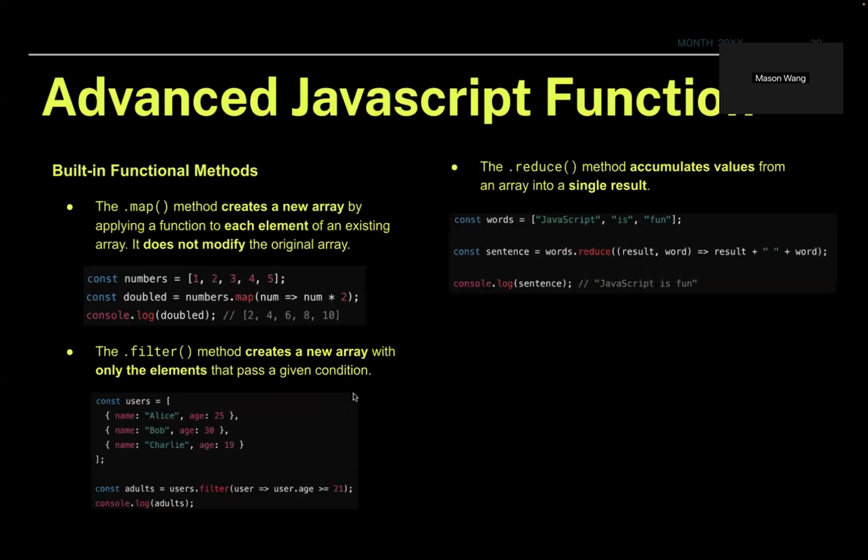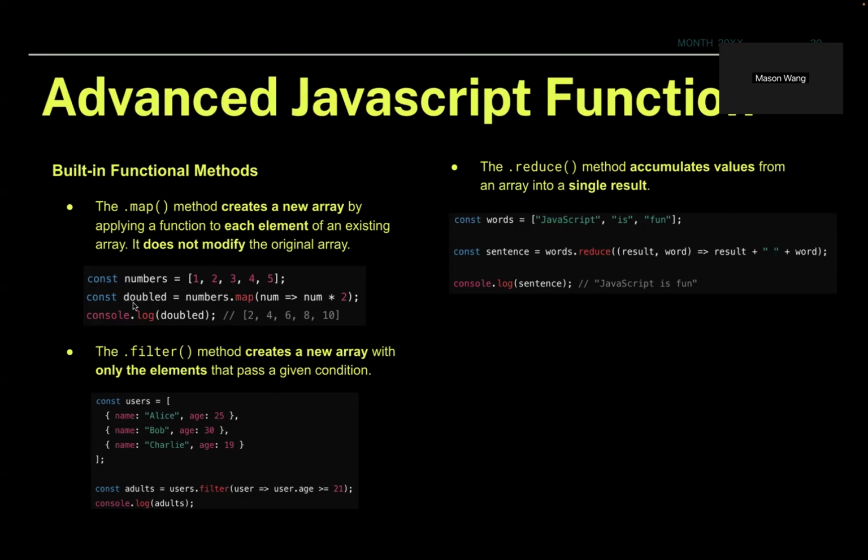Some other built-in functional methods are also worth mentioning. First is map. It's a method that helps you create a new array by applying a function to each element of an existing array. However, it's also good to notice that it does not modify the original array. Here, you have an array of numbers 1 to 5.